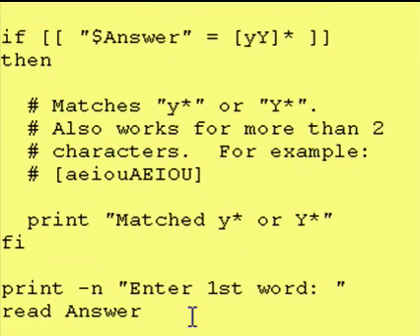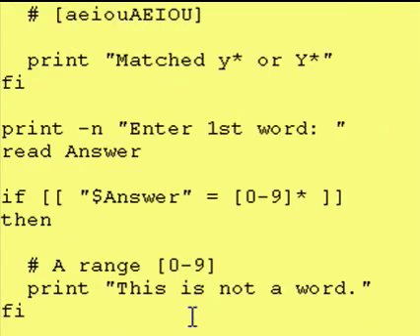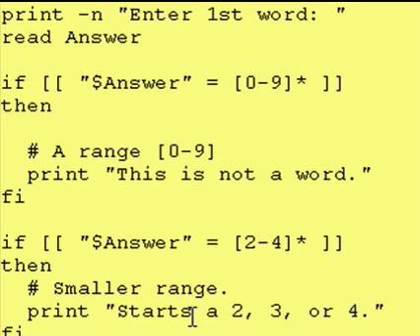Now there are some other things that you can do with the square bracket test. For example, you can give it a range. So we saw that you could give it a choice of characters, as in lowercase y, uppercase Y, and that would match a lowercase y or an uppercase Y. Anything else it wouldn't match. And we gave it a range of characters. We gave it all the vowels.